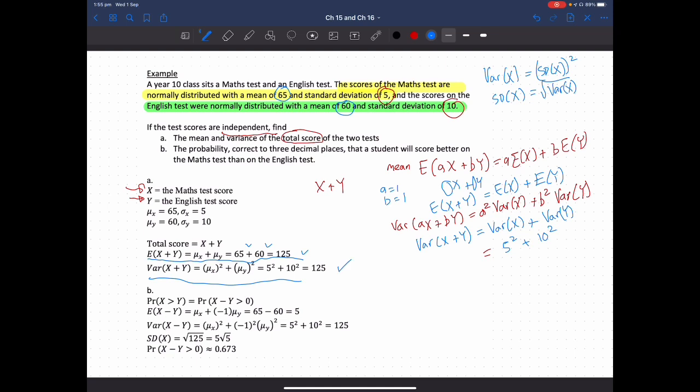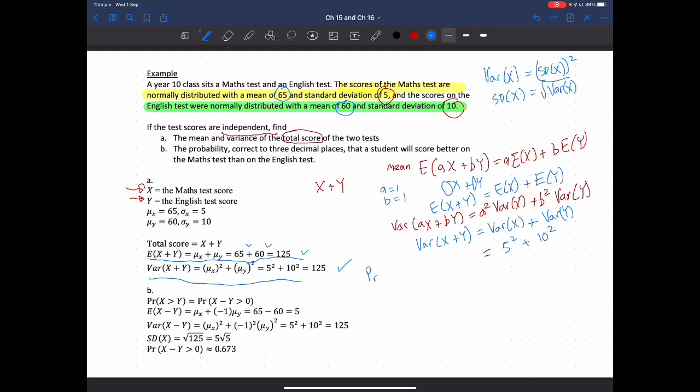For part B, we're told the probability, correct to 3 decimal places, so we're given a degree of accuracy, that a student will score better on the maths test than on the English test. So if they're going to score better, it means that their maths score has to be higher than their English score.